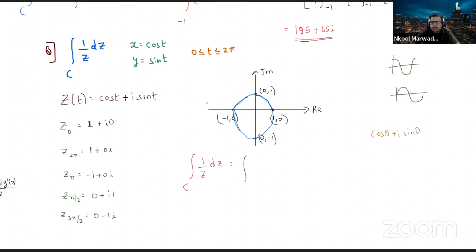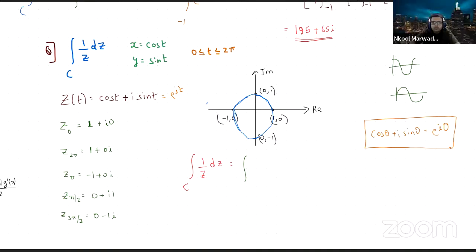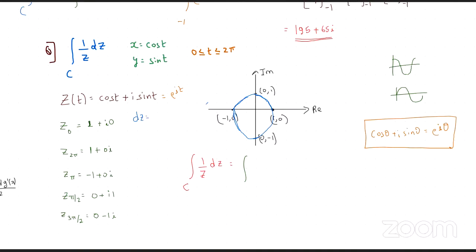So whenever we have cos theta plus i sin theta, I can write it as e to the power of i theta. According to this property, I can write z of t as e to the power of i t, and dz will be i e to the power of i t dt.